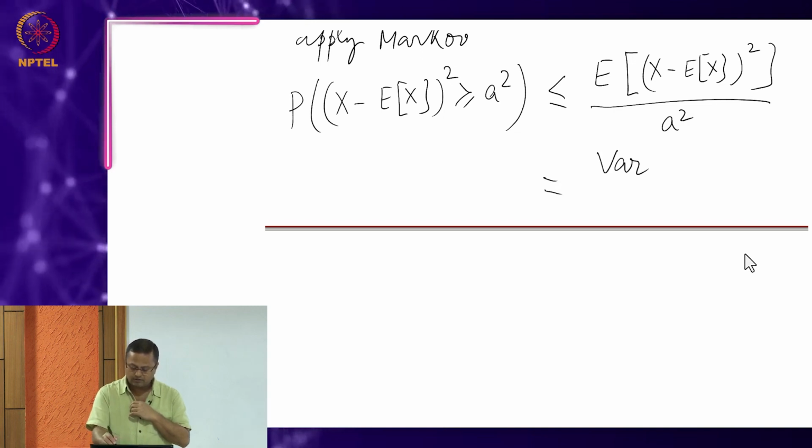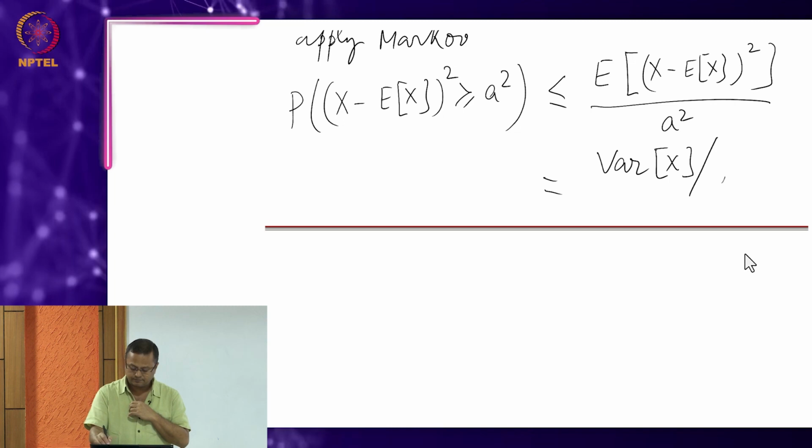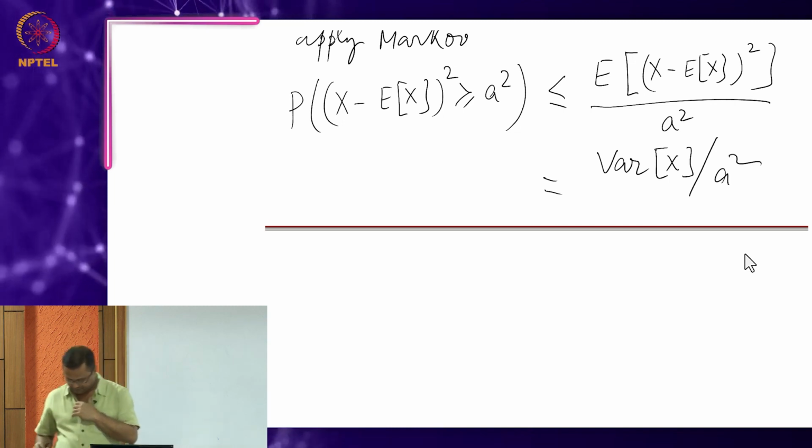This is nothing but variance of x by a square. That is the proof.